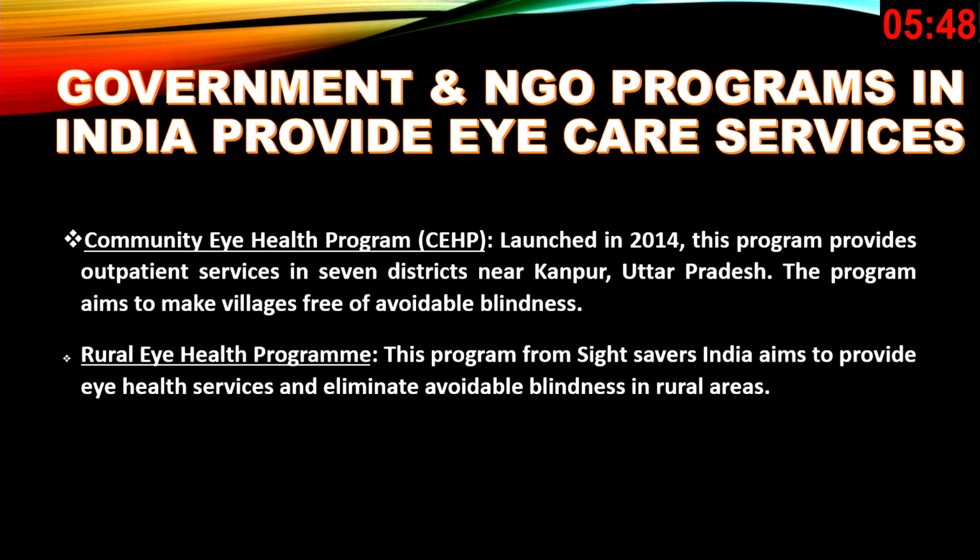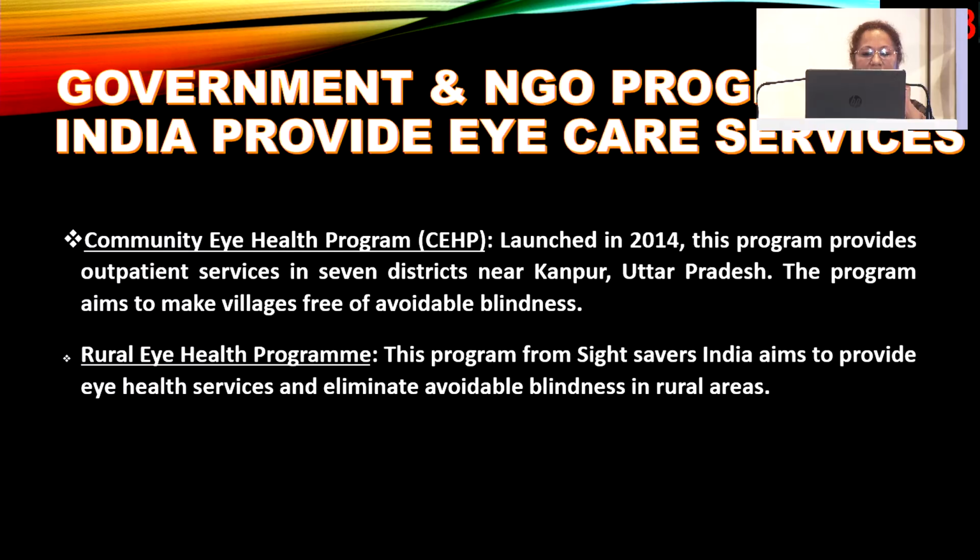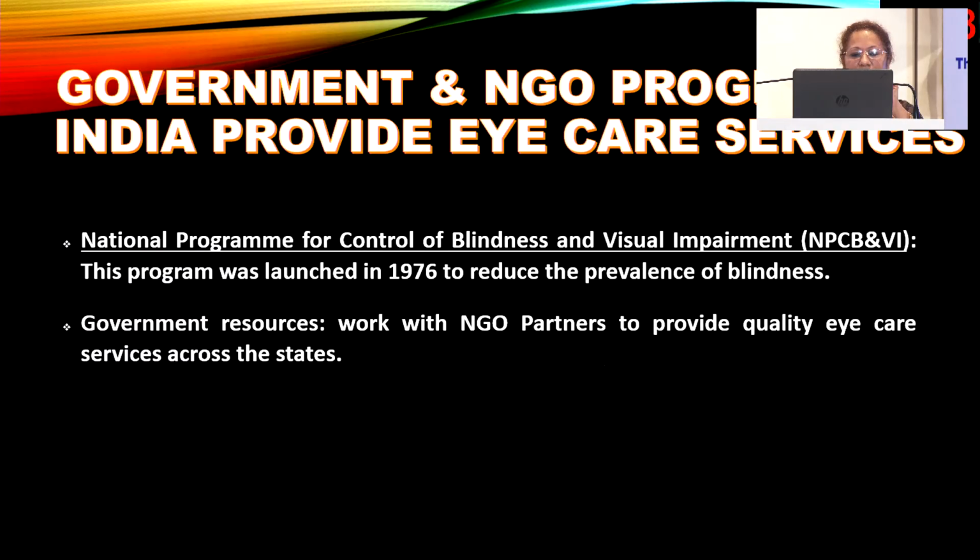Government and NGO programs in India provide eye care services under community eye health programs and rural eye health programs, which is most important. The program from Sight Savers India aims to provide eye health services to eliminate avoidable blindness in rural areas.